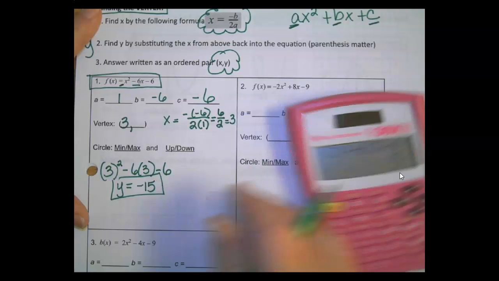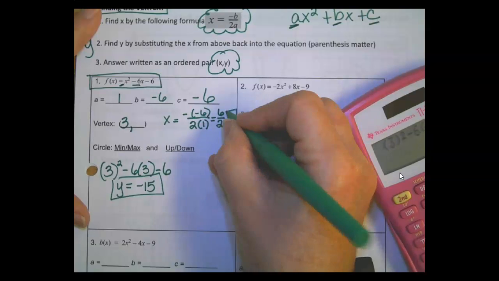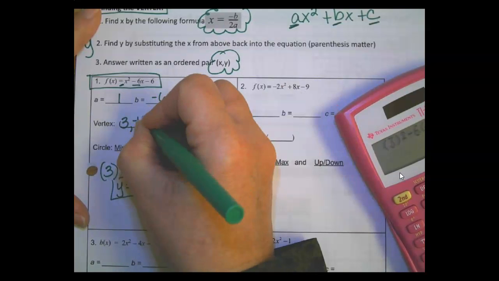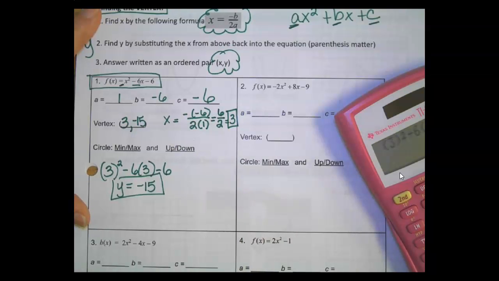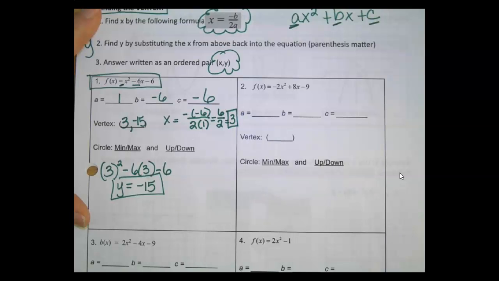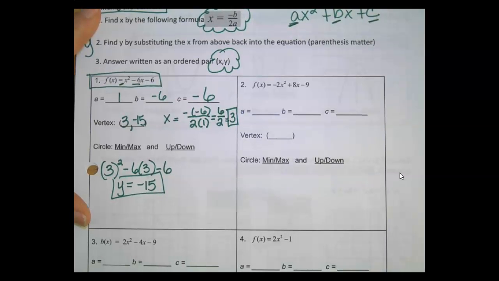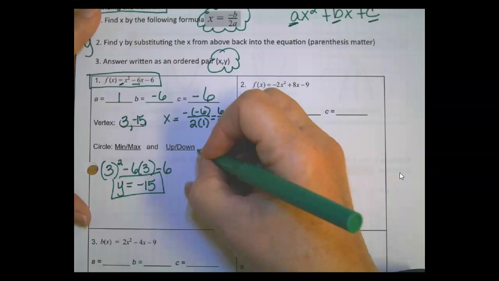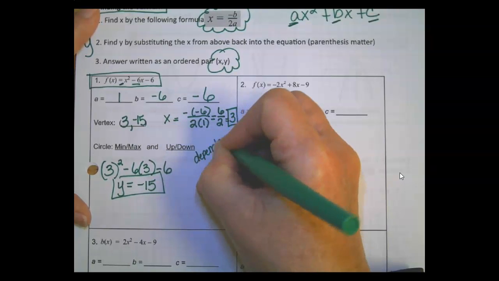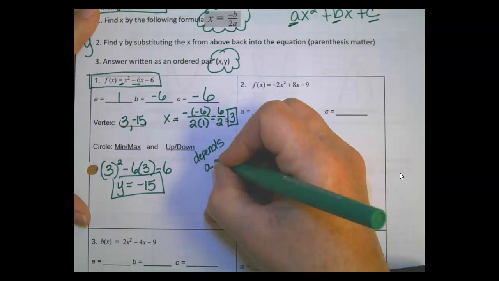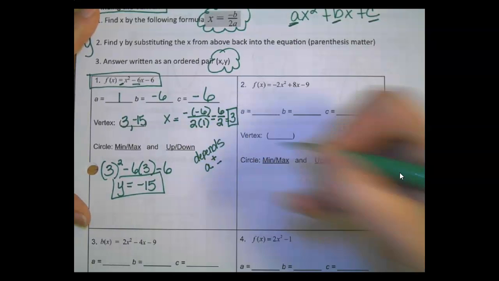I'm going to box that off, and I think I'm going to box this guy off here. So my Y is -15. So here's my vertex, that ordered pair. Now I need to decide, does it have a minimum or maximum, or does it go up or down? And that depends on your A. Is it positive or negative?